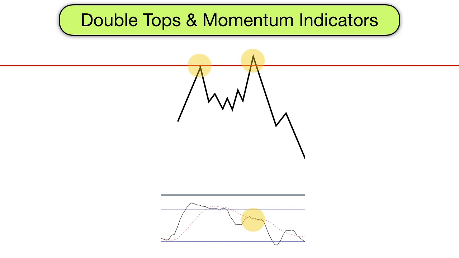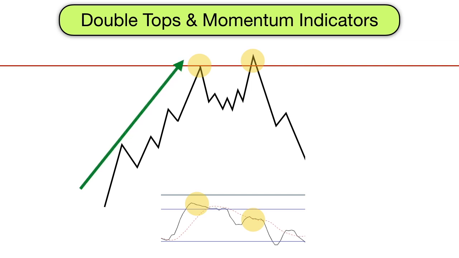In a trend, prices tend to make higher highs and higher lows in an uptrend and lower highs and lower lows in a downtrend. When a possible double top emerges and the second high is higher than the first, then effectively the market may well be continuing to trend higher, and the probability of a double top reversal trade is lower than when the second top is lower than the first.